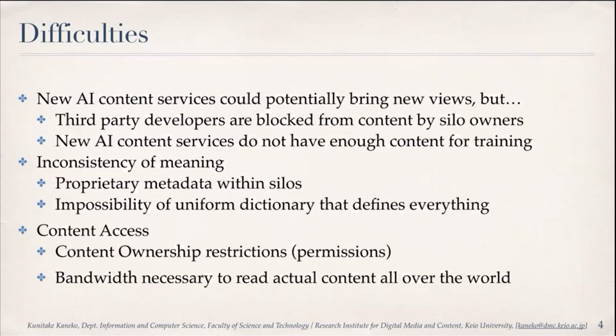The third point is the content access. I just mentioned that the permission is important, right? And also the bandwidth to release the data to the computer. Intel said that the bottleneck is the server interconnect.